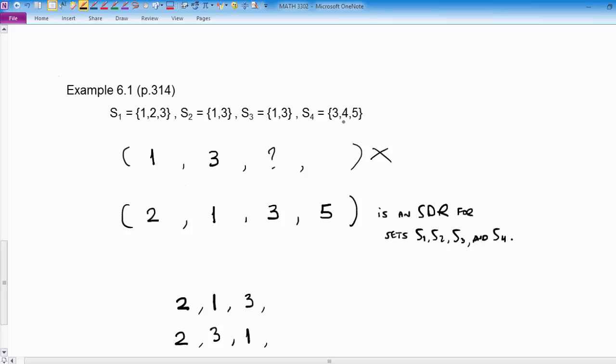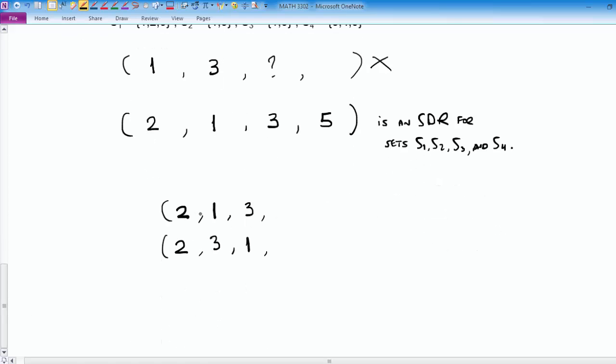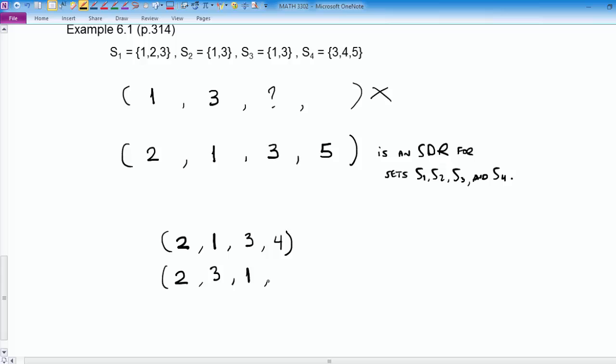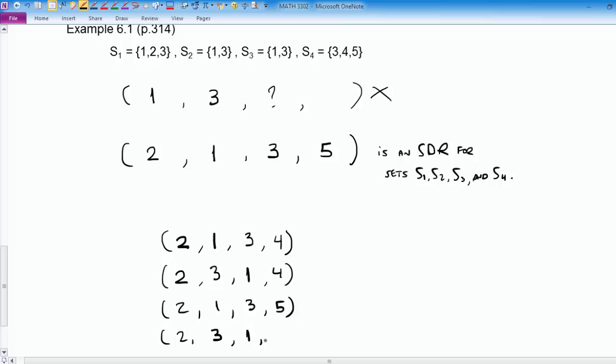And the only elements left for the fourth entry would be 4 and 5. So there you have all the possibilities. You could have 2, 1, 3, 4; 2, 3, 1, 4; you could also have 2, 1, 3, 5; and 2, 3, 1, 5.